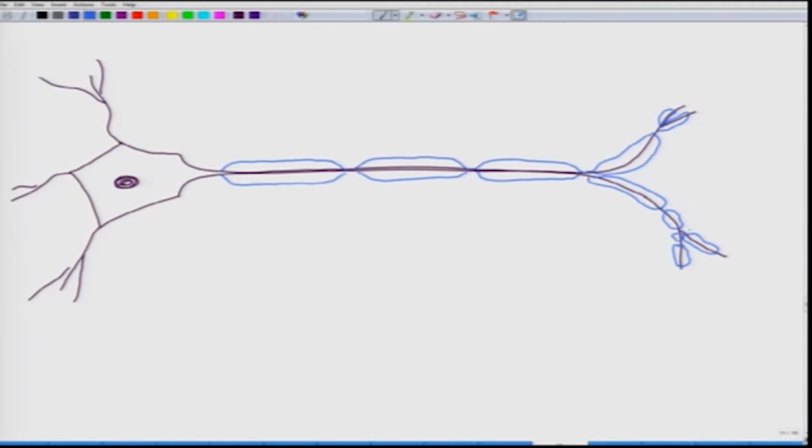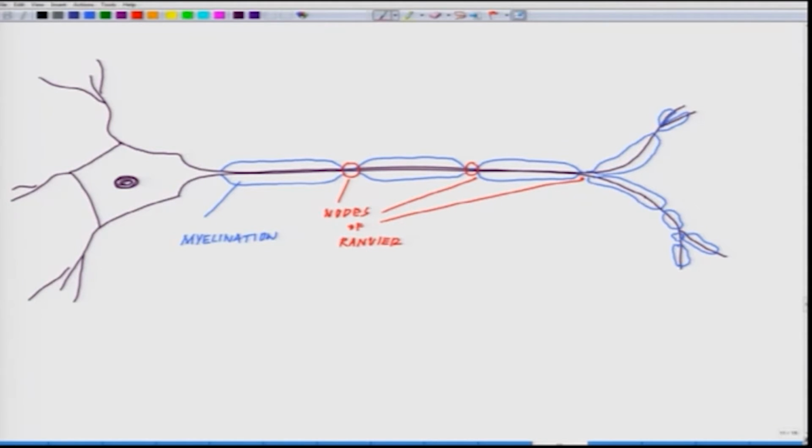Now, in a textbook you will see this written as myelination, and this spot what you see is called the nodes of Ranvier, this one, this one, this one likewise.